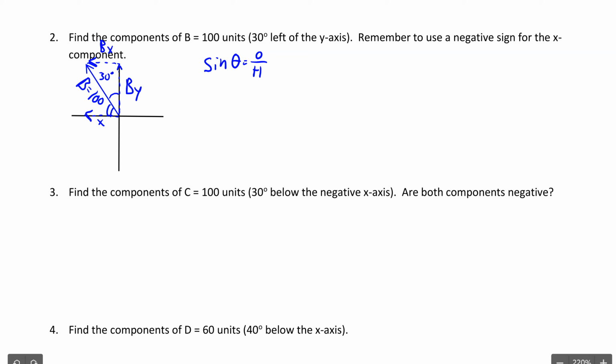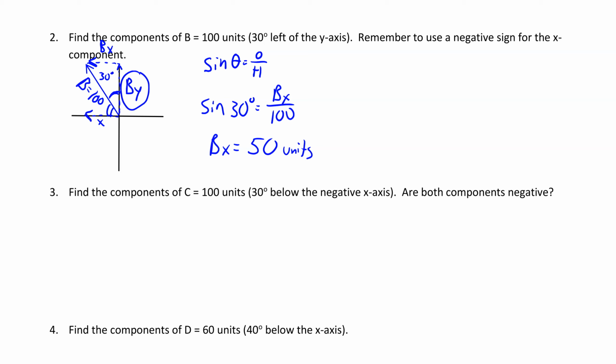So you plug in the numbers, and you cross multiply, and you get bx is equal to 50 units. For by, that's this leg, and that leg is adjacent to the angle. So adjacent and hypotenuse, we're going to use cosine.